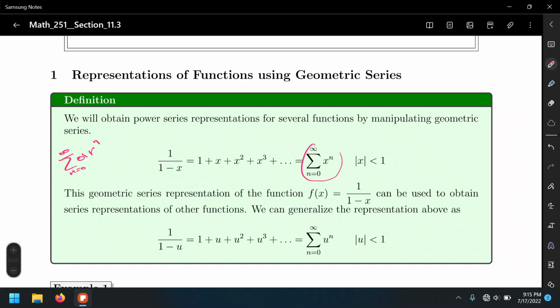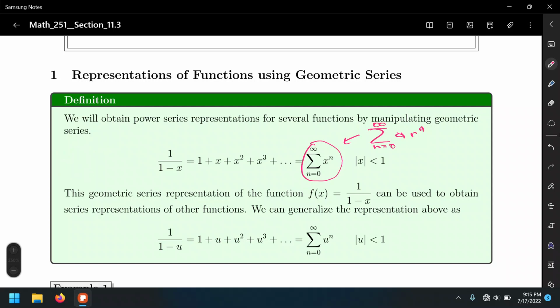So notice the similarity here. Let me write it down over here: sigma a r to the n, starting at 0 and going all the way to infinity.